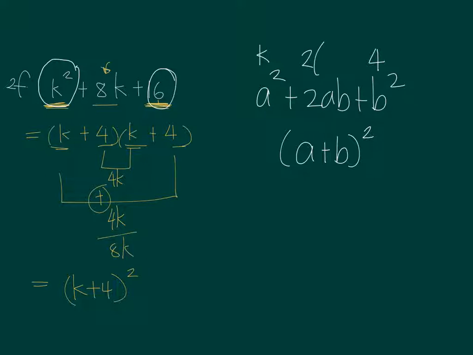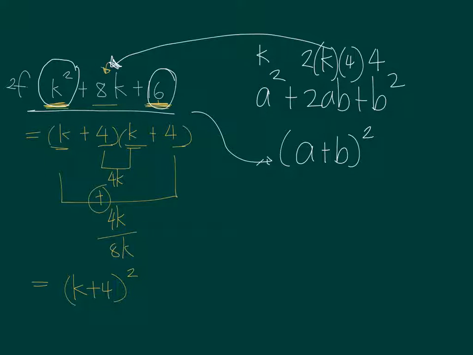If 2 times ab, which is 2 times k times 4, is equal to the middle term, that means you could simply factor this as a plus b squared. And if we check, 2 times k times 4 is 8k.